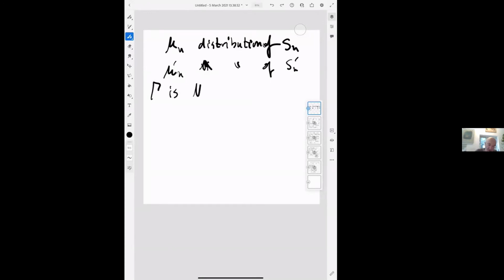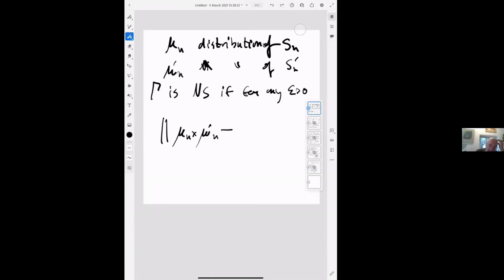is noise sensitive if for any epsilon bigger than 0, we look at the total variation distance between mu n times mu prime n and two independent random walks.